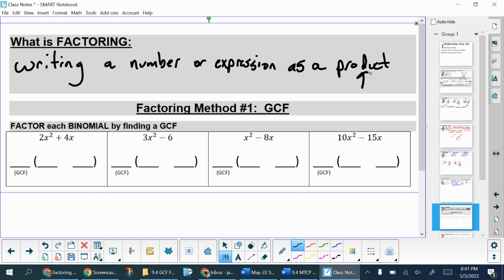Remember, product means multiplication. And so what I was doing at the beginning, just a second ago, when I was taking 20 and rewriting it as 4 times 5, that's factoring. I'm just taking that and splitting it up into two things that are multiplied together, and they're equal to the original.